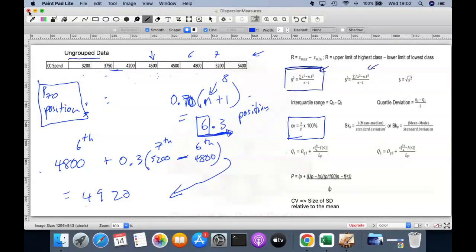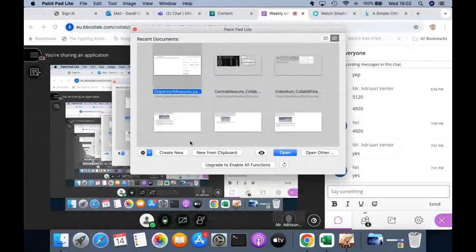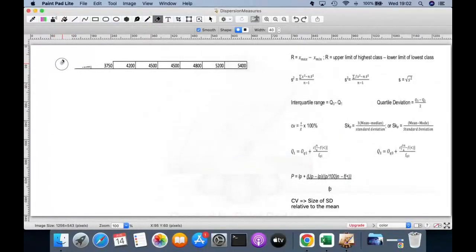So I want to close this. No, wait, I need this open. Sorry. Same. Okay, so I'm going to erase this and put some group data in now.